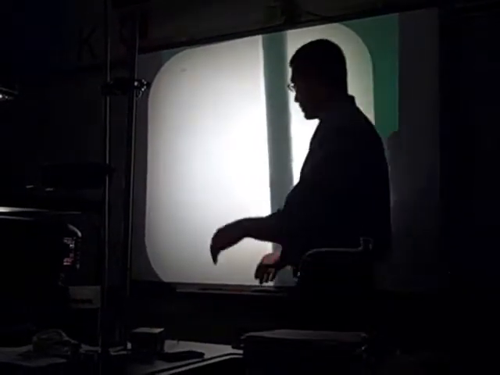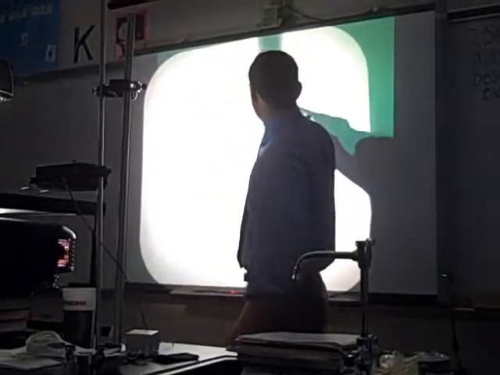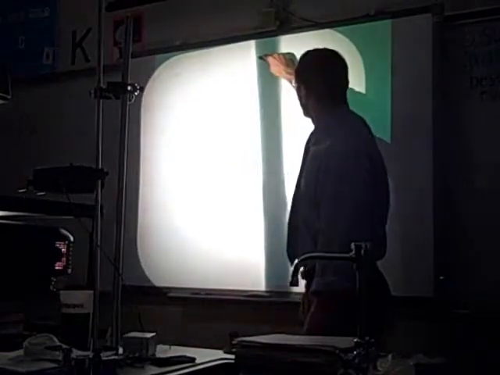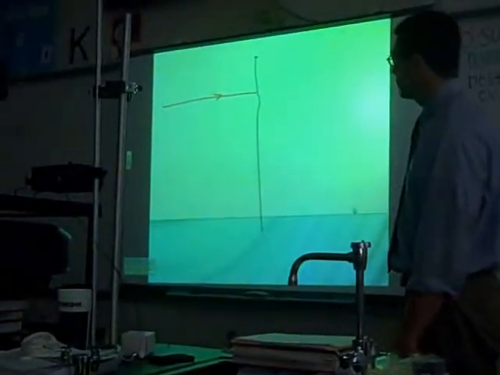Okay. So if I were to draw the ray in there, let me do that here, and then I'll turn this off so you can see what I'm drawing. So you see that the incident ray comes in like this. Here's our boundary. So that is what the incident ray is doing.